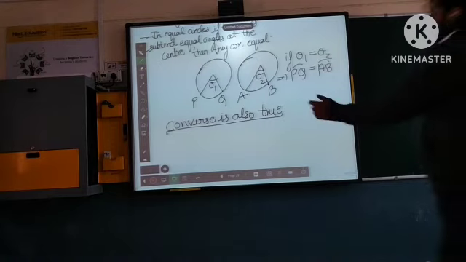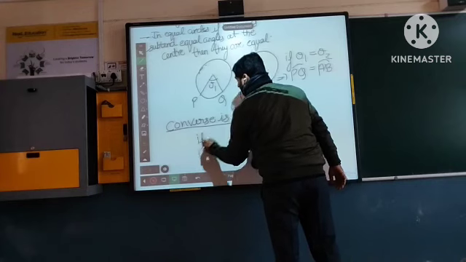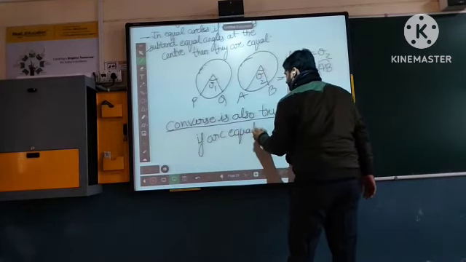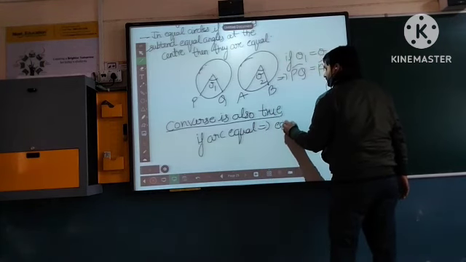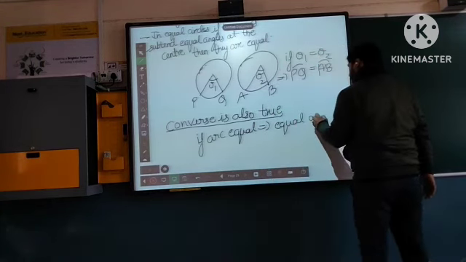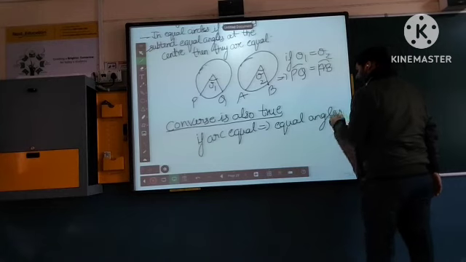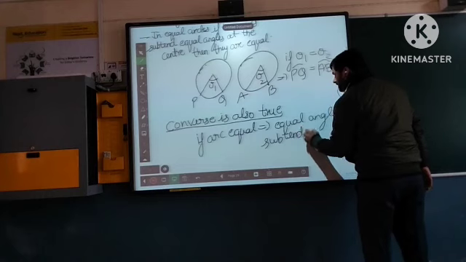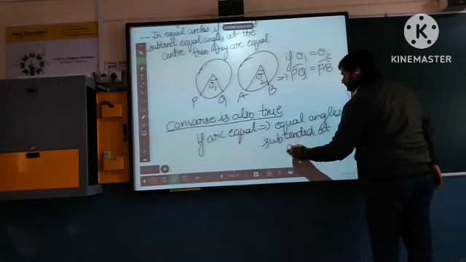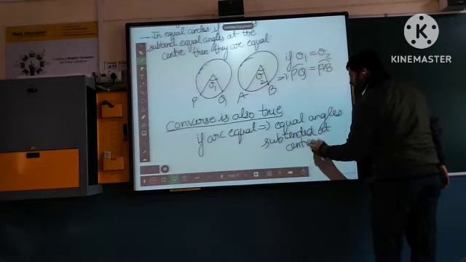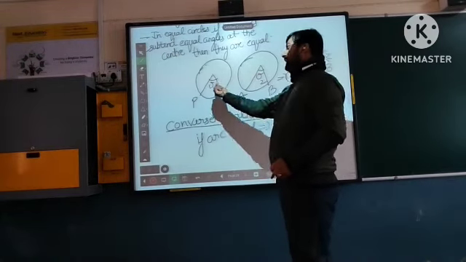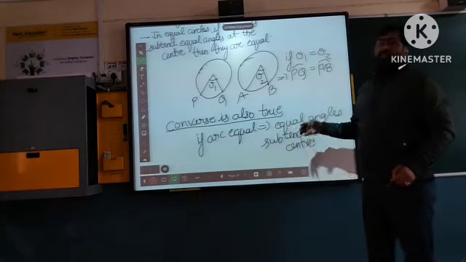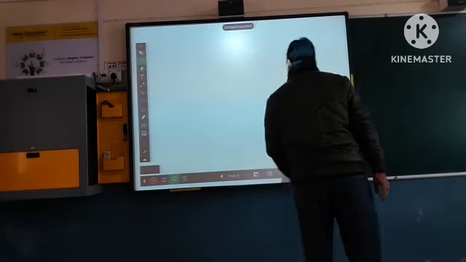So for theorem 15.3.1, the exam of equal arcs: if arcs are equal, this implies equal angles subtended at the center. That's how you can say the converse of this theorem is. The exam is, not theorem, exam. Okay, now it should be clear to you.